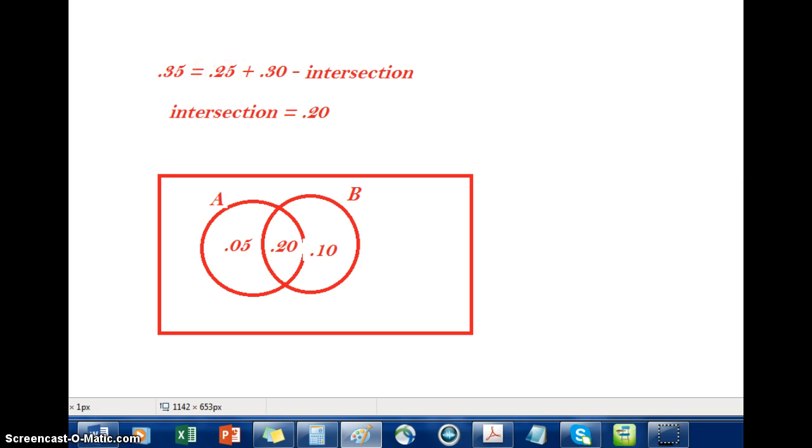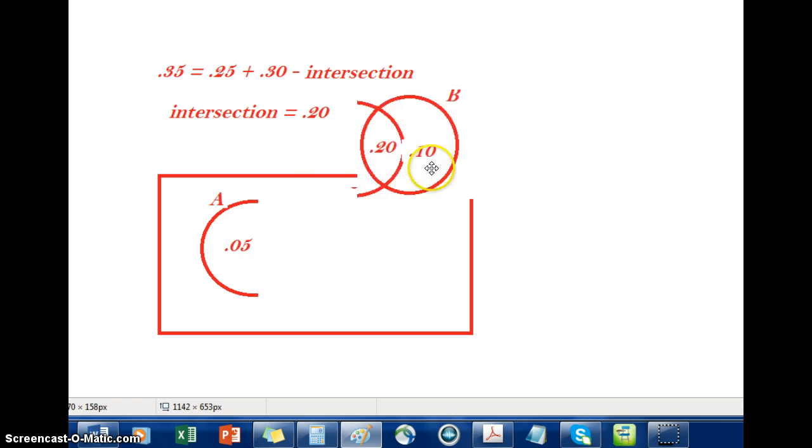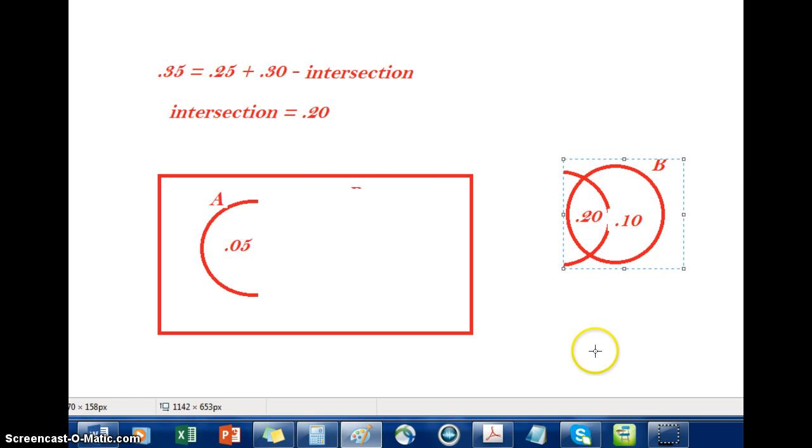But what's the chances that we're in the A circle if we know we're in the B circle, given we're in the B circle? So instead of looking at the whole Venn diagram, just look at the B circle. So what you have here is a total of 30% of the time. B happens 30% of the time.